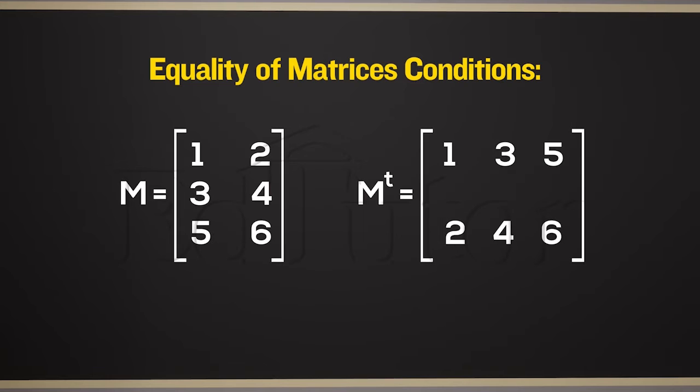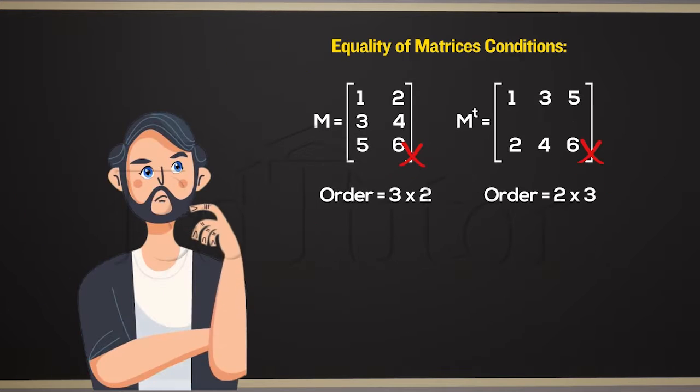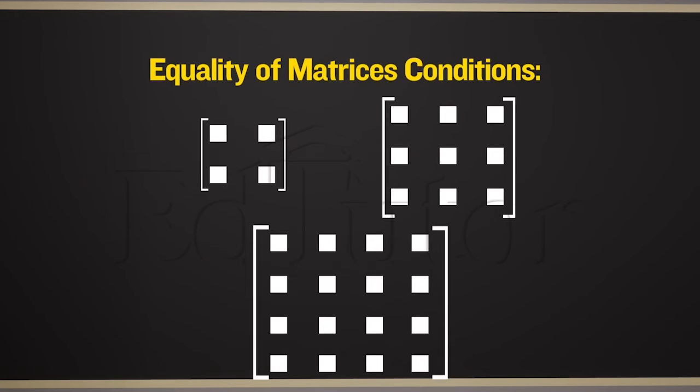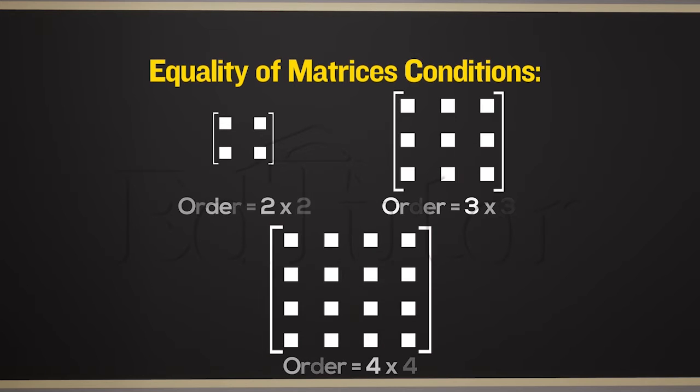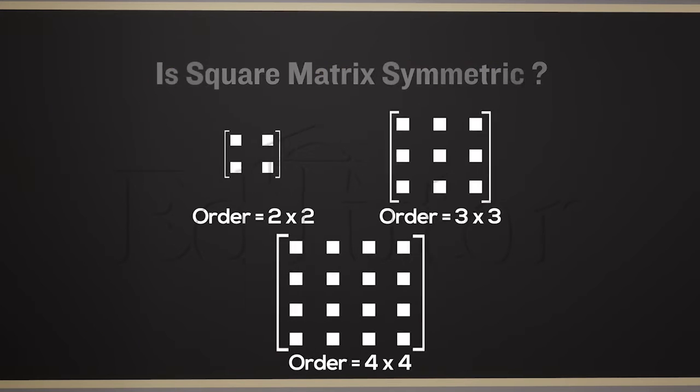This means that any rectangular matrix such as these two is not in this race, as its order changes once you take its transpose. That's what we learned in a previous lesson, right? So, this only leaves us with the square matrices because their order remains the same after the transpose. That fulfills the first condition of equality.